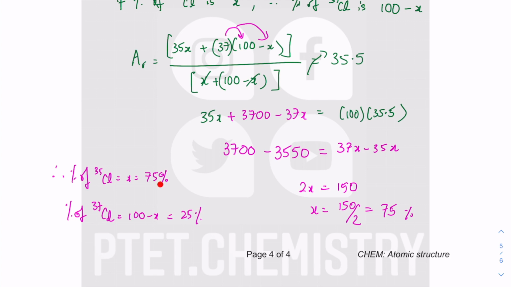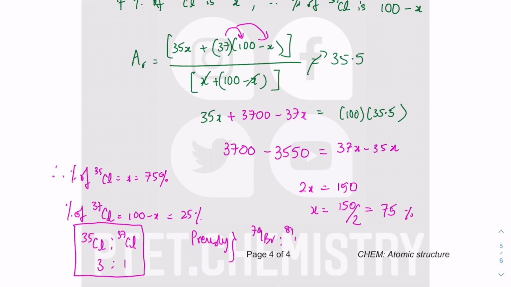You have a 3:1 ratio. This is another case study. Chlorine-35 to chlorine-37 is a 3:1 ratio, whereas previously you have bromine-79 to bromine-81, which is a 1:1 ratio, 50-50, in an earlier multiple choice question on this checkpoint.